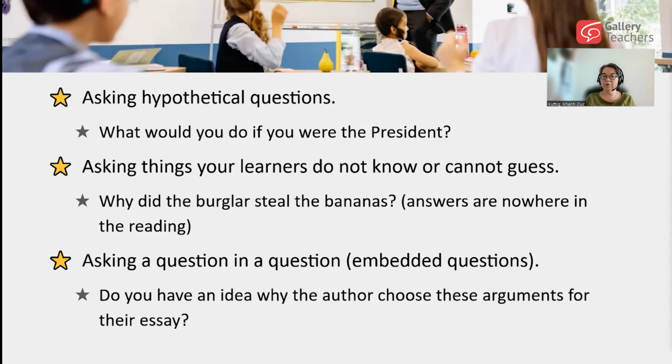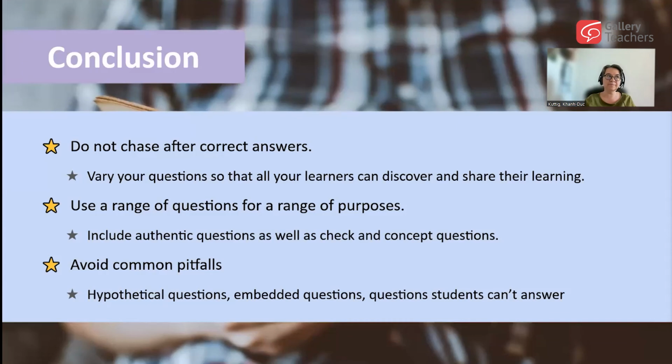Now, your learners will automatically try to answer the first question, the indirect question. Do you have any idea? So they might say yes, then you're lucky, and then you can prompt them and say, okay, why did the author choose these arguments? If they say no, they don't have any idea, what do you do then? You're quite stuck. So just avoid embedded questions.